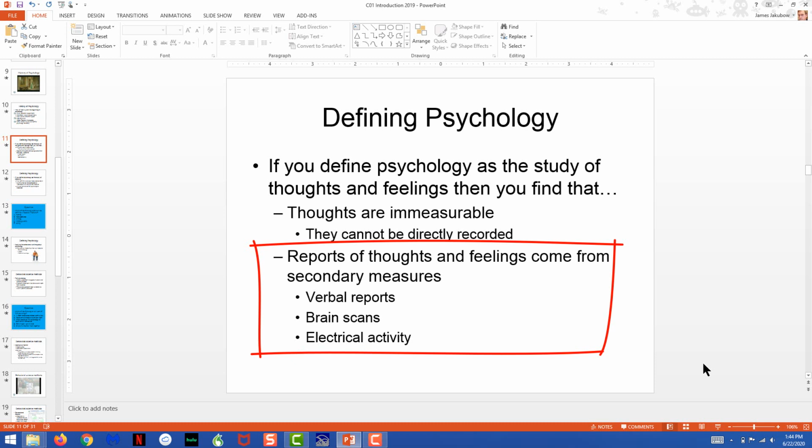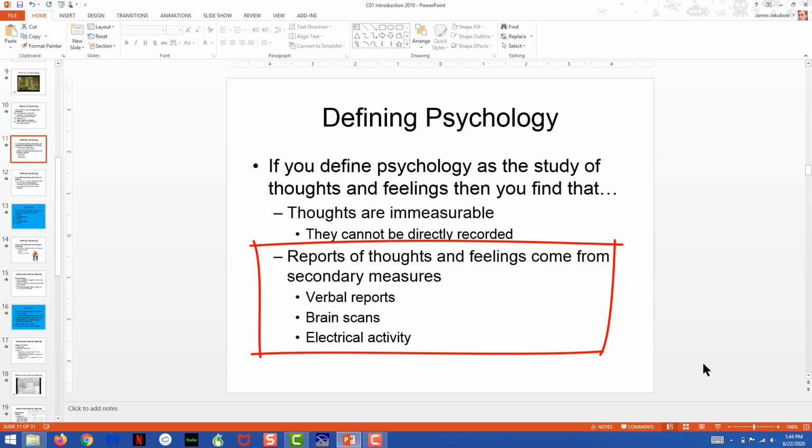A brain scan is only a direct measure of brain scan activity, whether it's measuring magnetic impulses or electricity or some other thing like radiation, like PET scans use. But those are not direct measures of the thoughts or the feelings themselves.